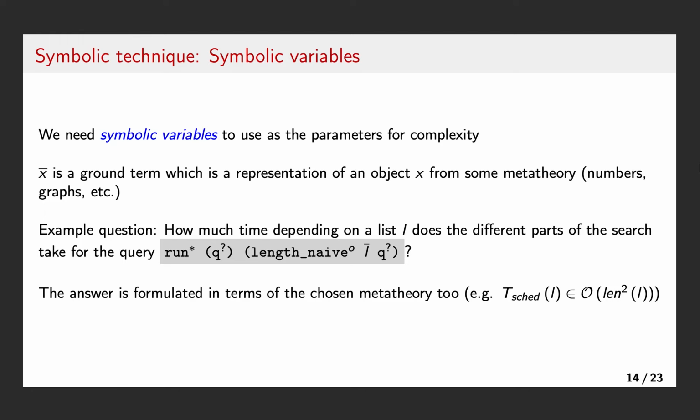And then we ask a question like this: how much time, depending on the list L, do the different parts of the search take for the following query, where we specify the first argument with the representation of this list L for the length relation, and ask for the second argument.